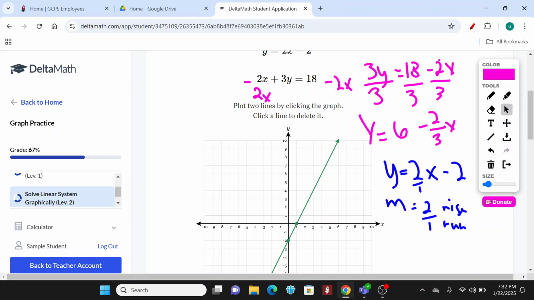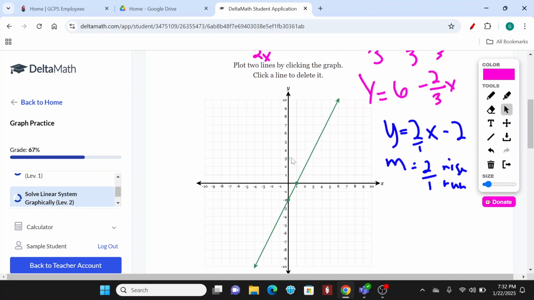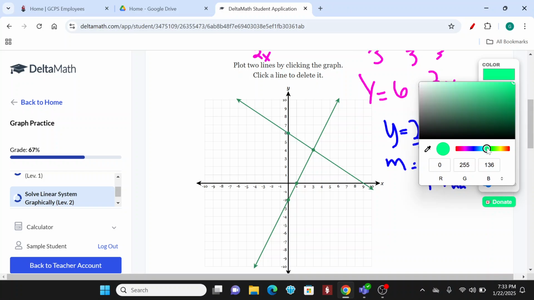So our b is 6. So we're going to go to 6. And then our slope is a -2 over 3, so we're going to go down 1, 2 over 3. 1, 2, 3. We have seen all of this before. We've done this. You can do this.